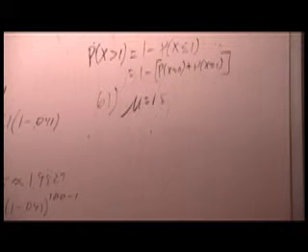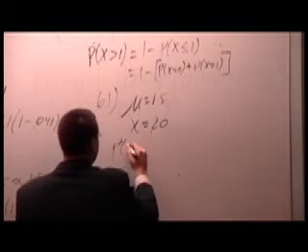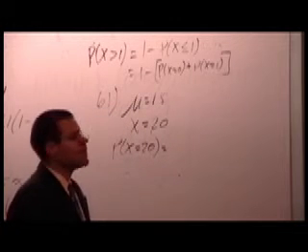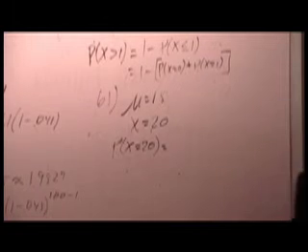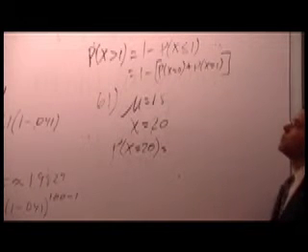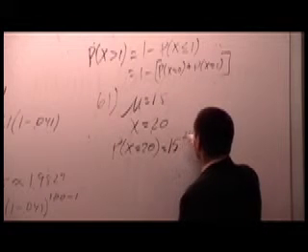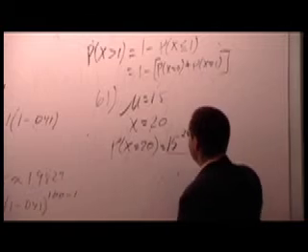So let's start with x being equal to 20 and find the probability of that. Well, if you remember the formula, it was mu to the power of x, so 15 to the power of 20, times e to the power minus mu, over x factorial.